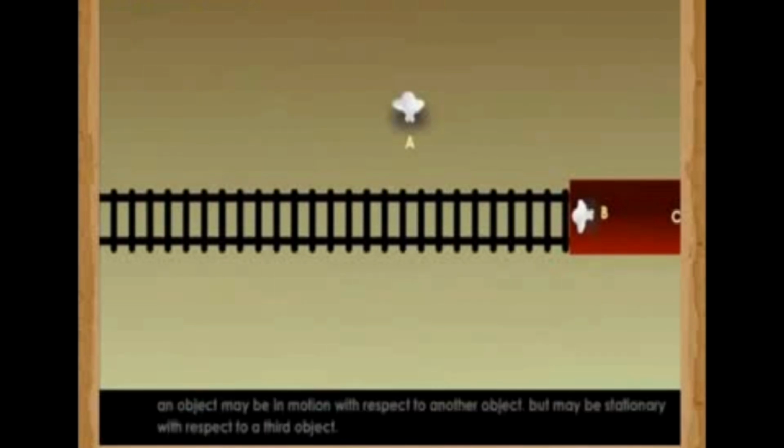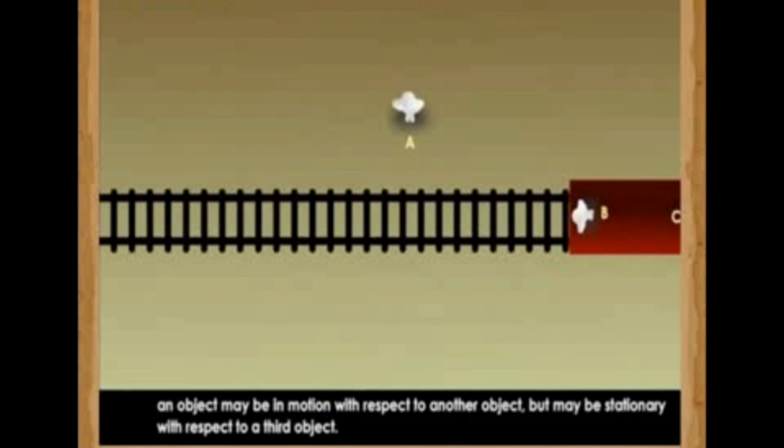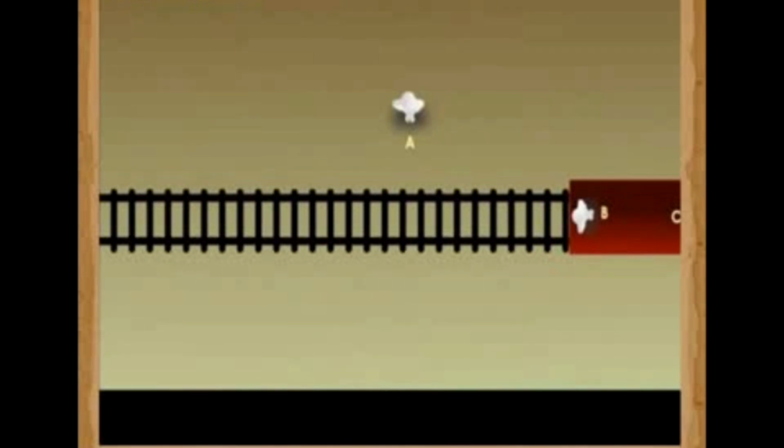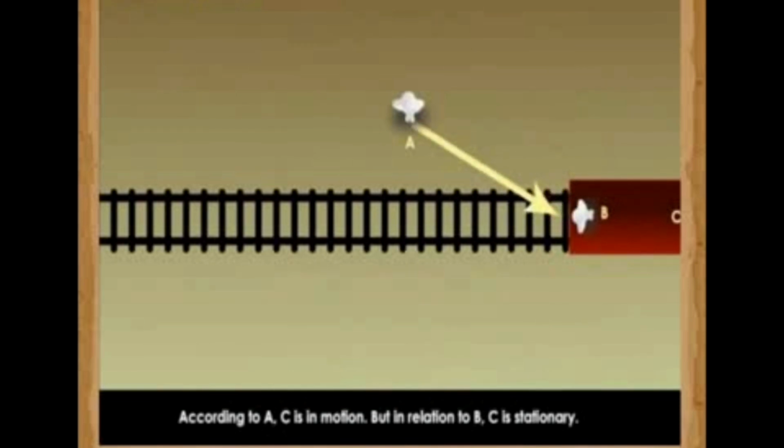So you can consider the two objects, object A and B, and another one is C. An object may be in motion with respect to another object, but may be stationary with respect to a third object, that is object C. Right? So according to that, A and C are in motion, but in relation to B, C is stationary.